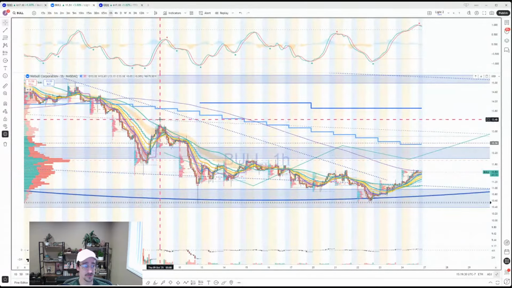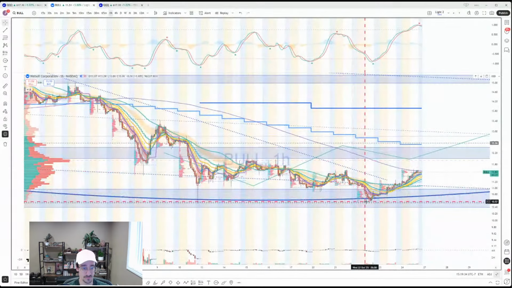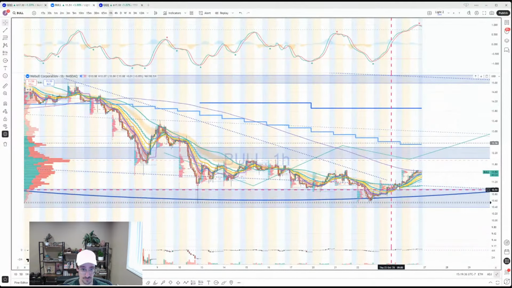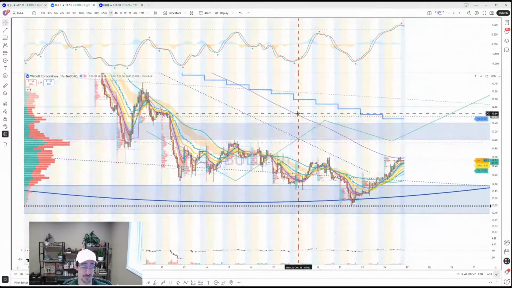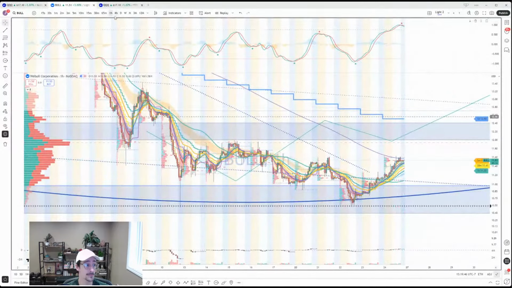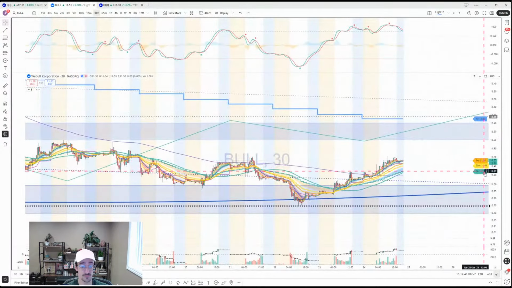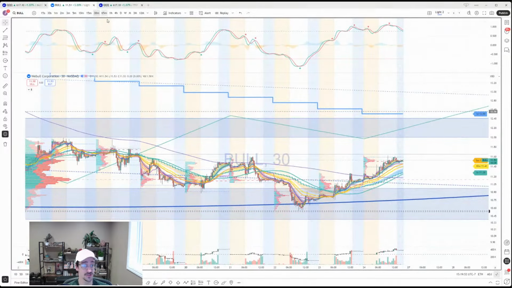Low, lower high, lower low, lower high, lower low, higher high. We broke structure. We're testing the falling 200-hour moving average. Hourly a little overbought today, so we can go back to the hour.